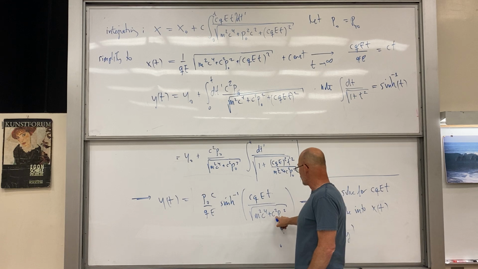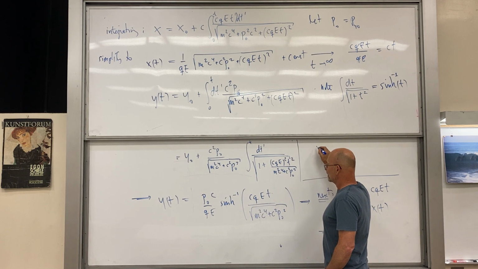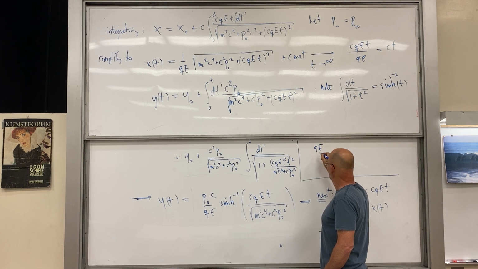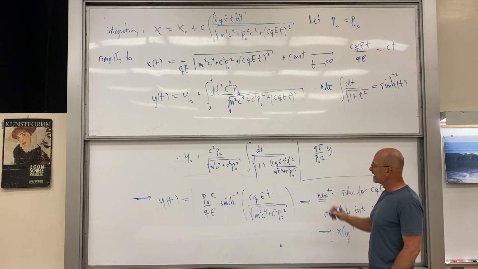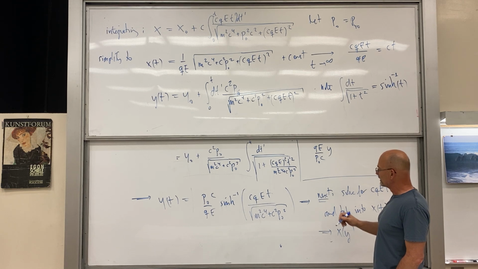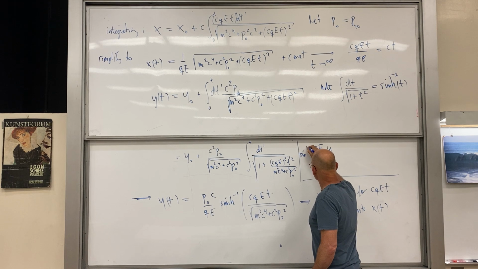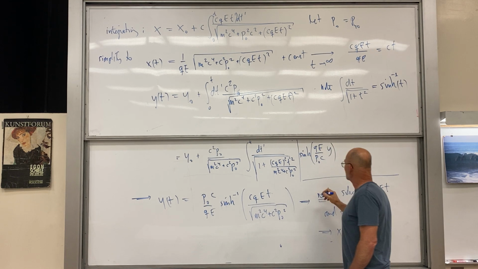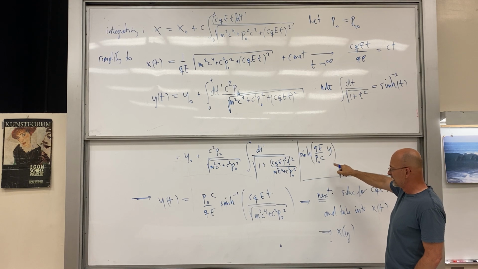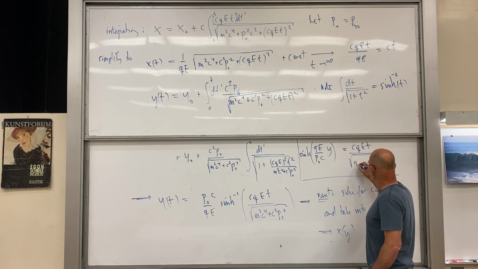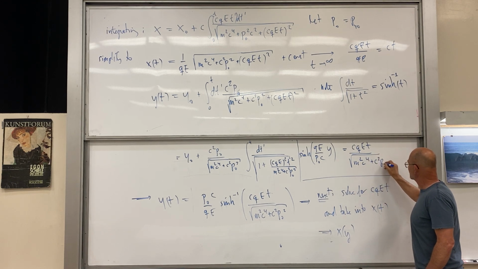So here we've got y, so we have qE over p0c times y, and then we'll take the hyperbolic sine of that, which is equal to cqEt divided by this thing in the denominator, root of m squared c to the fourth plus c squared p0 squared.